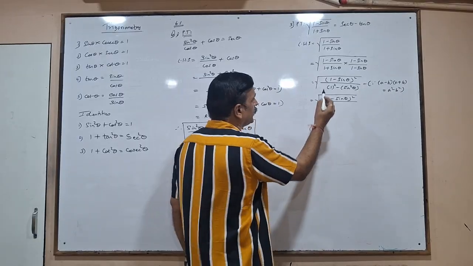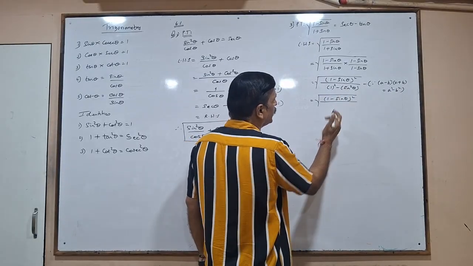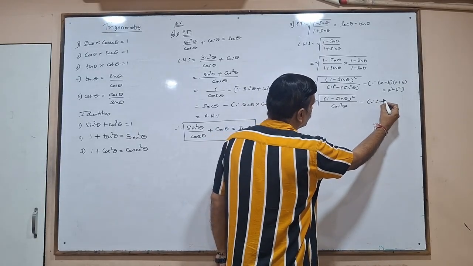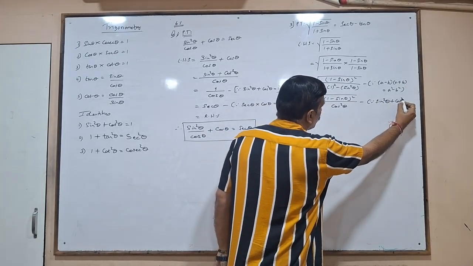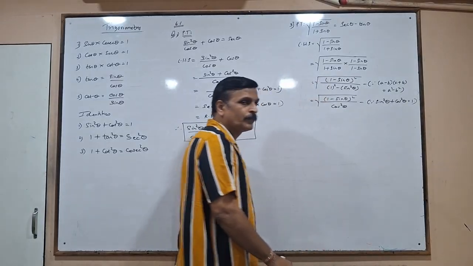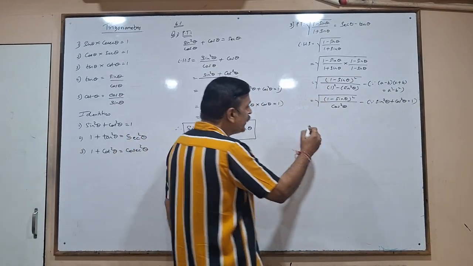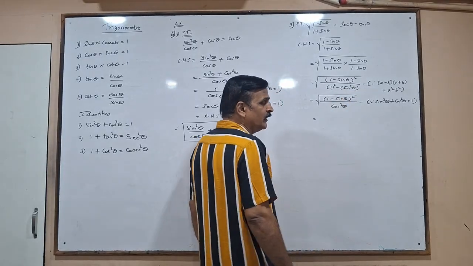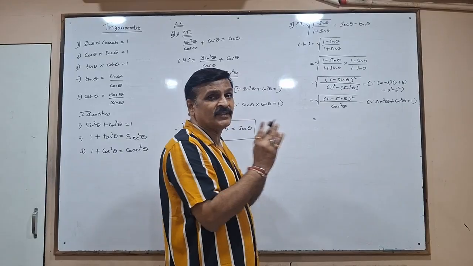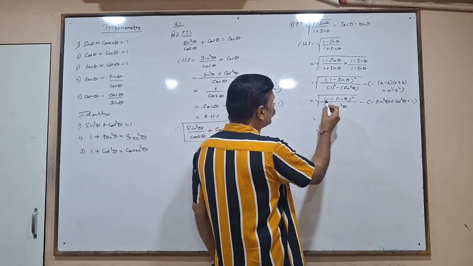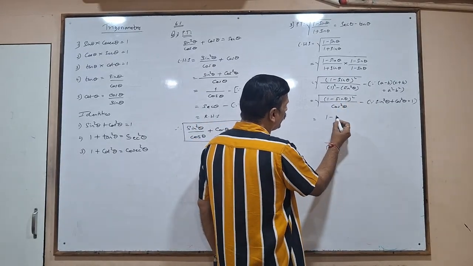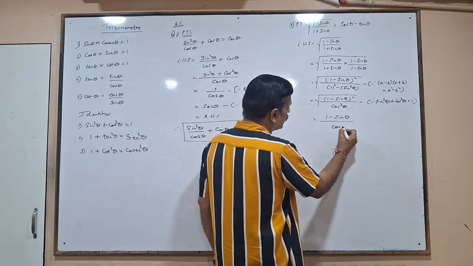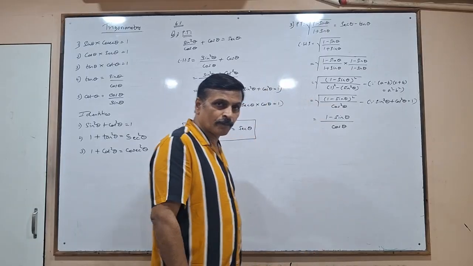What about the denominator? 1 minus sine square theta is cos square theta, using the identity sine square plus cos square is equal to 1. Now we can remove the square root because there are squares in the numerator and denominator, each a single term. So square root of 1 minus sine theta the whole square is 1 minus sine theta. Square root of cos square theta is cos theta.